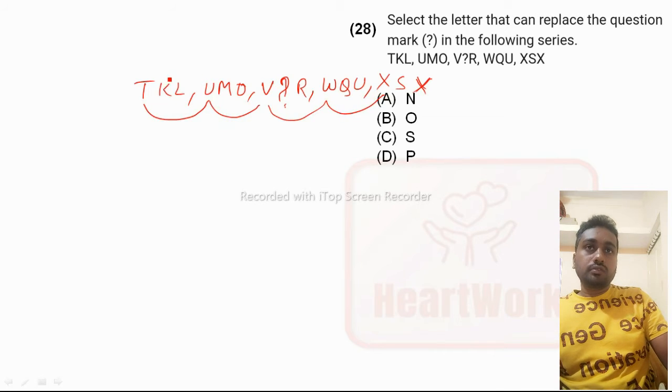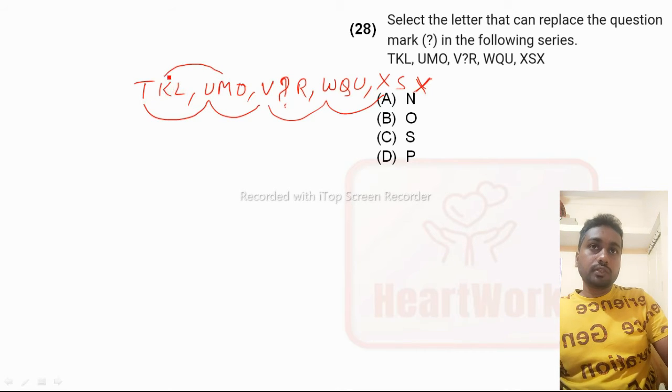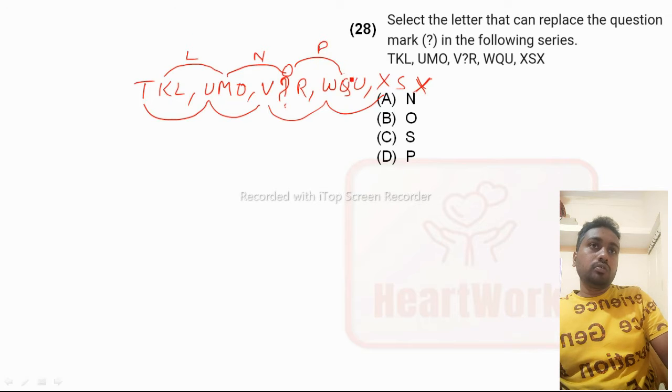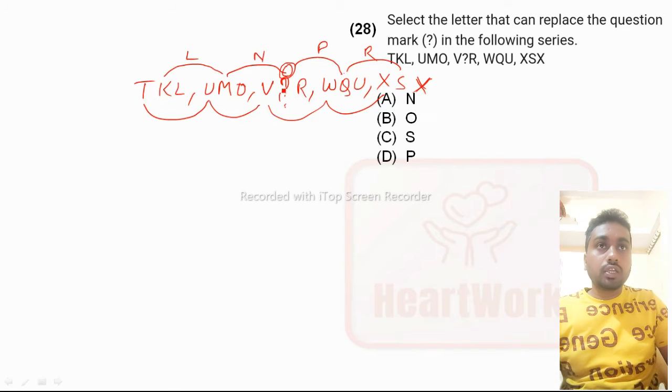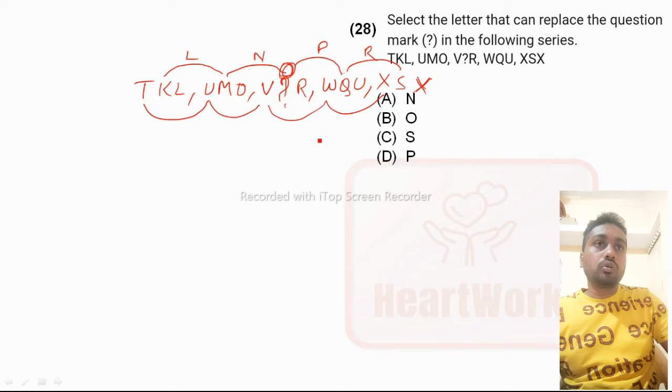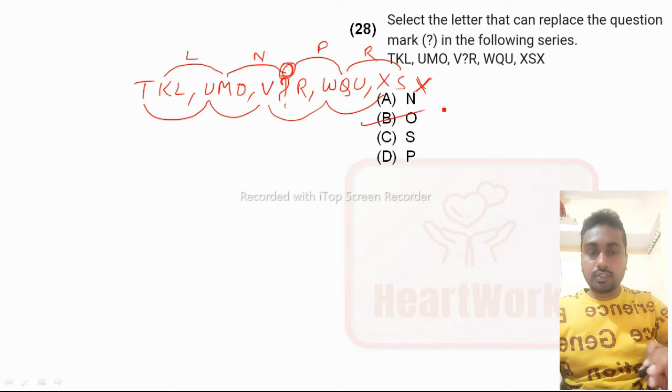For the next series, K, L, M, then N, here must be O, then P, Q, R, S. Like that the sequence is going on. So in the place of the question mark, O will come. Option B is the right answer.